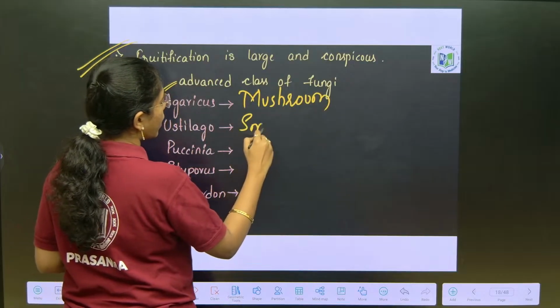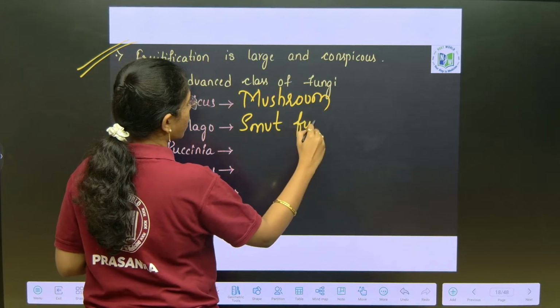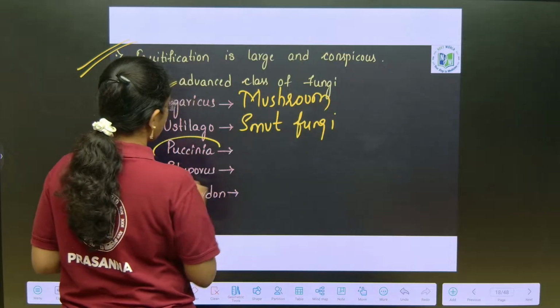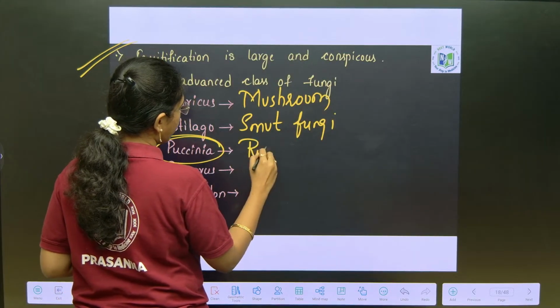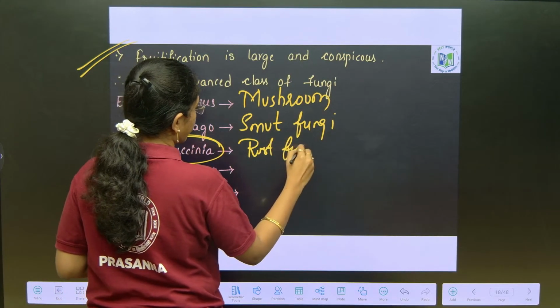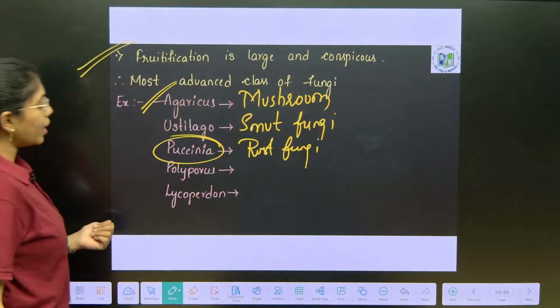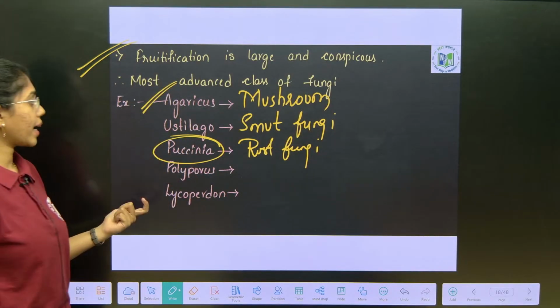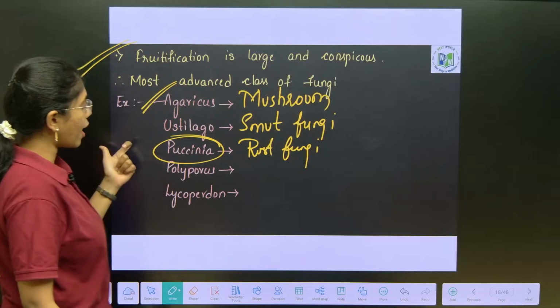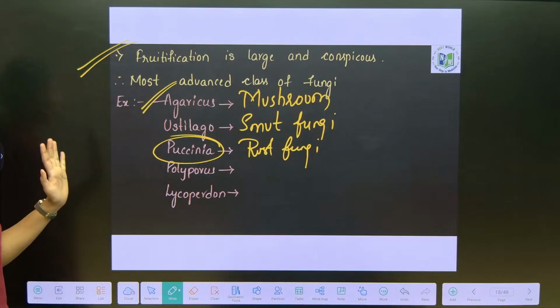Eustylago is smut fungi. Puccinia is rust fungi. Polyporus, Lycoperdon, which are bracket fungi. So, Agaricus, Eustylago, Puccinia, Polyporus and Lycoperdon.